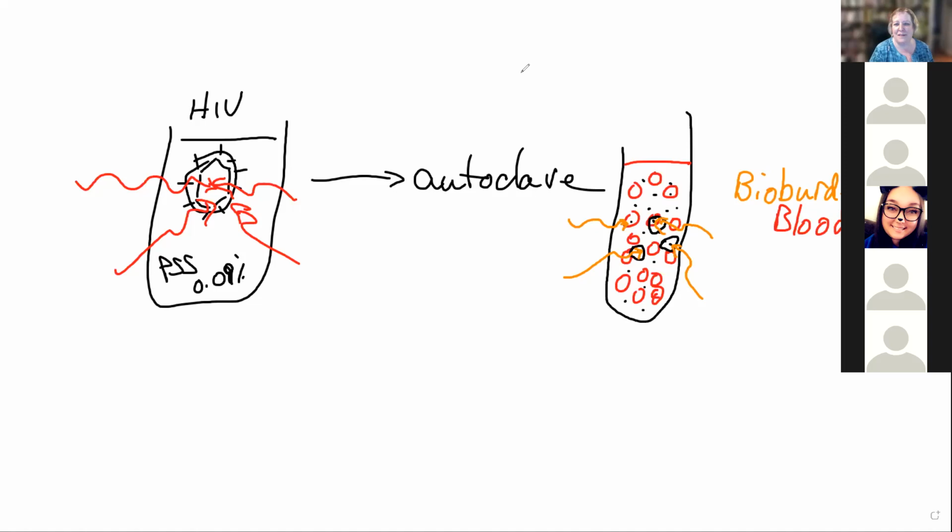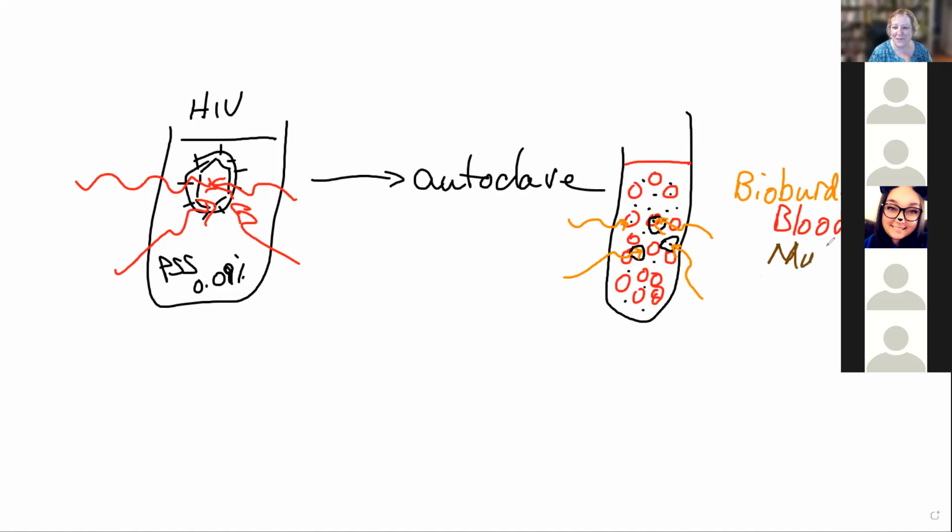What's another example of bioburden? What about with COVID? Mucus.